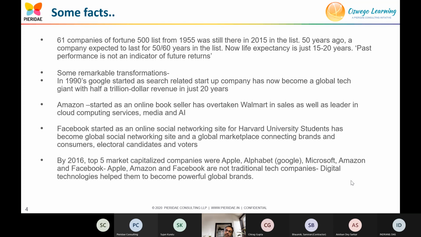At that point in time, the life expectancy of a company was around 50 to 60 years. A company has grown, it has listed in Fortune 500. You can easily expect that the company will run for the next 50 years.